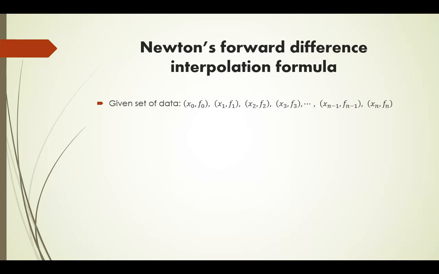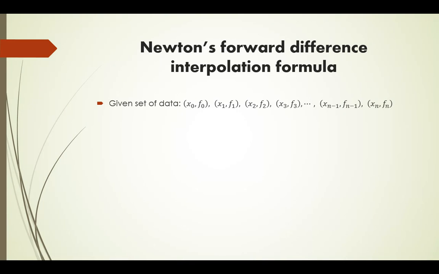The first step: you will be given a set of data in the form of ordered pairs, just like x0, f0, x1, f1, and so on. But this data may also be written in table form. How could you write the table from ordered pairs? I told you before: x0, then f0, x1, then f1, and so on.